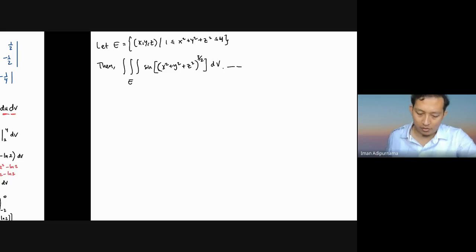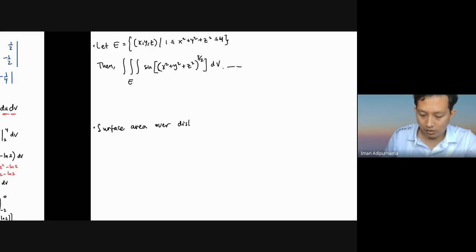Maybe two questions for you. The second one from here is the surface area over the disk of the circular paraboloid z equals x squared plus y squared.